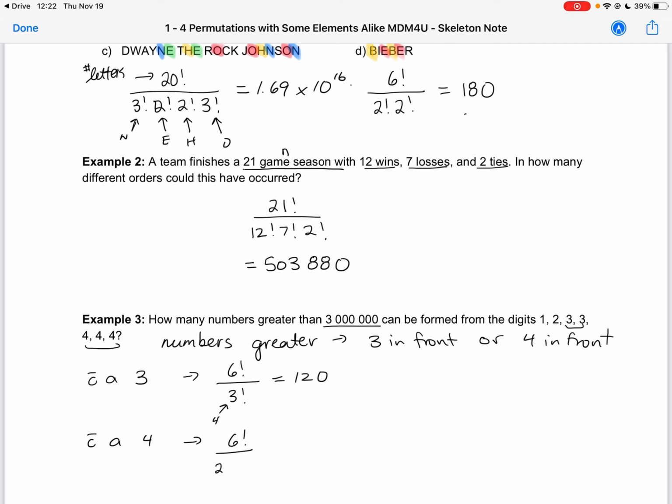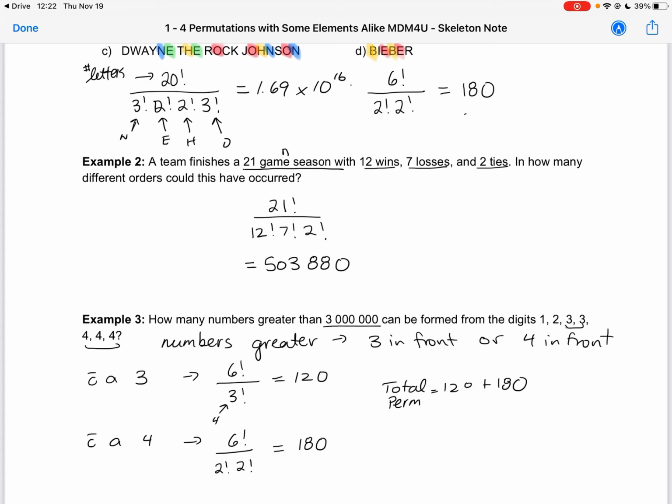So if I'm using the 4 in front, I've got 2 3s left over in my remaining spots, and I also have 2 4s left over. Evaluating that on my calculator is going to give me 180. So my total permutations is going to be 120 plus 180.